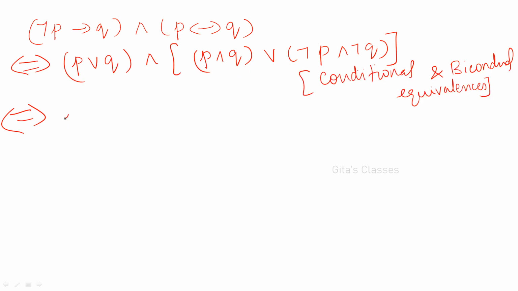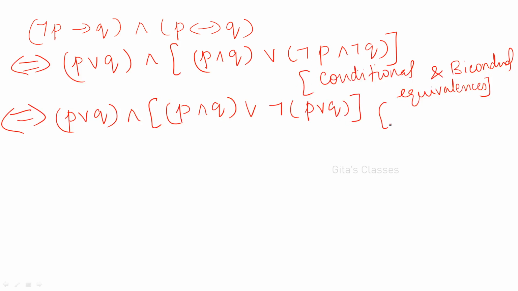That is De Morgan's law. So P or Q and P and Q, I can write this as negation of P or Q. I have used De Morgan's law in the reverse order, from right hand side to left hand side.